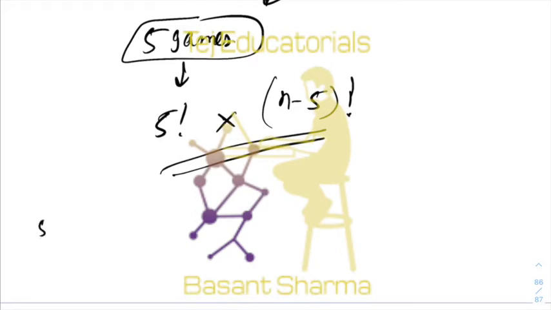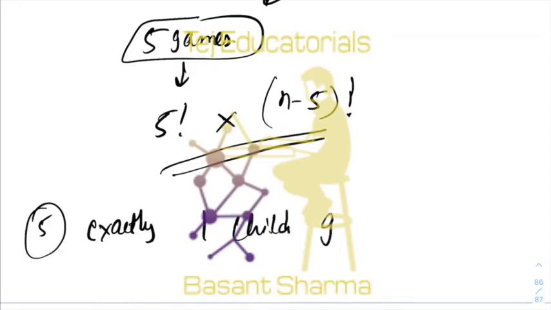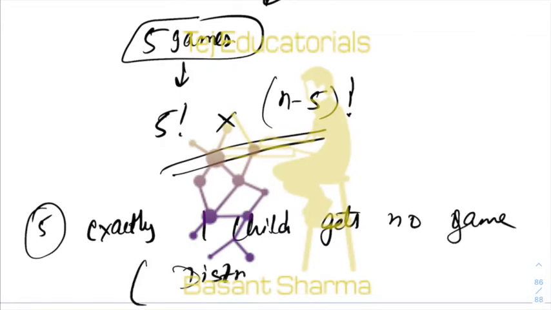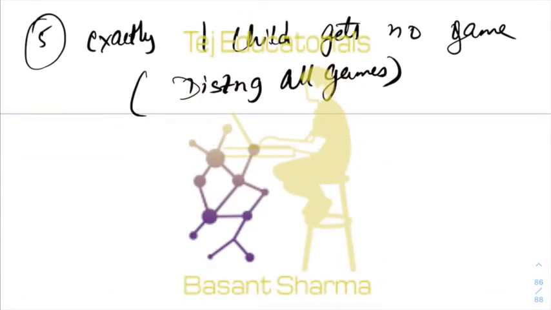Okay, fifth part. Exactly one child gets no game. Distributing all games. Okay. First of all, this is wrong logic.